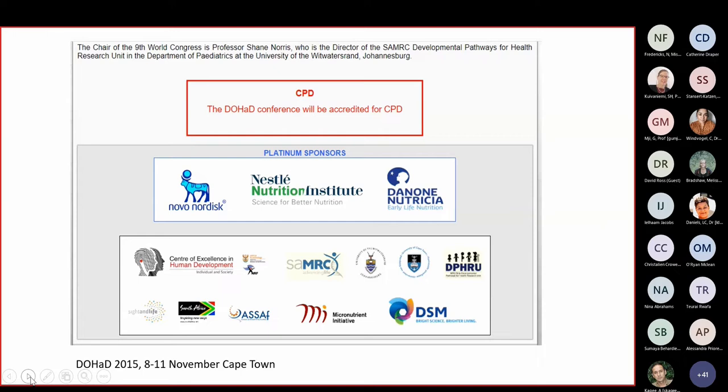We see that in 2015, the first Doherty conference was held on African soil. It was hosted in Cape Town. And we see that the platinum sponsors for this particular event was actually Nestle and Danone.